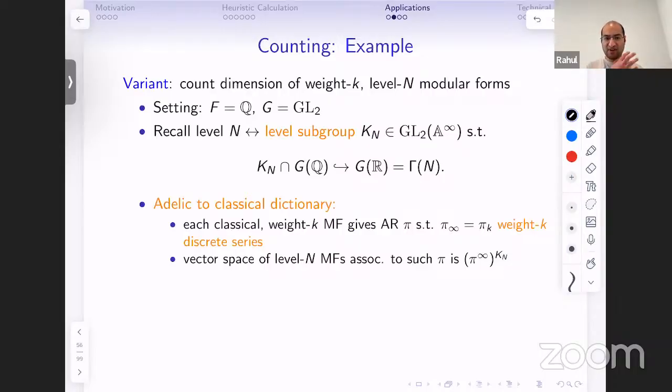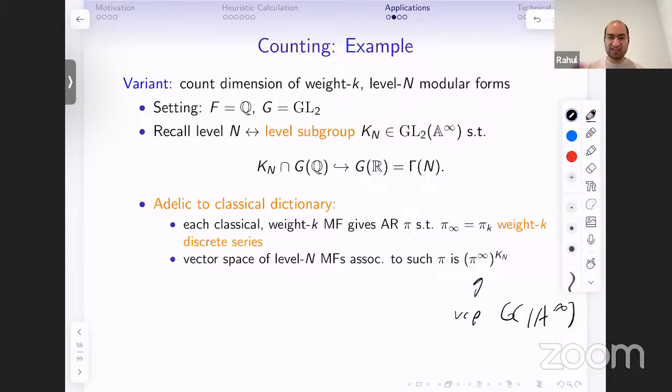So if you have a classical modular form, that gives you an adelic automorphic representation. And you can also go the other way. If you have an adelic automorphic representation, the vector space of level n modular forms associated to it is obtained by taking the away from infinity components of the automorphic representation, which is a representation of G away from infinity, and looking at the K_n fixed points.